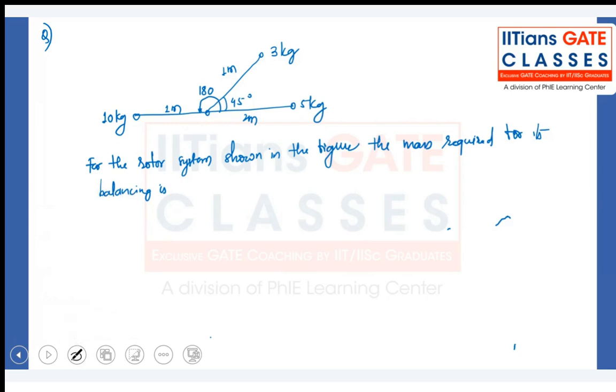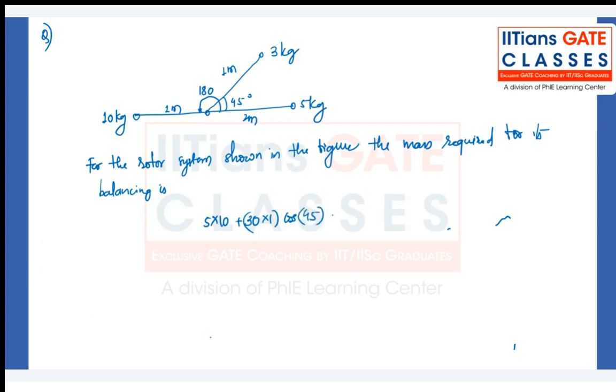You just do the force balancing. So M1R1, so 5 into 2, the positive side, plus 3 into 1 cos of 45 degree.